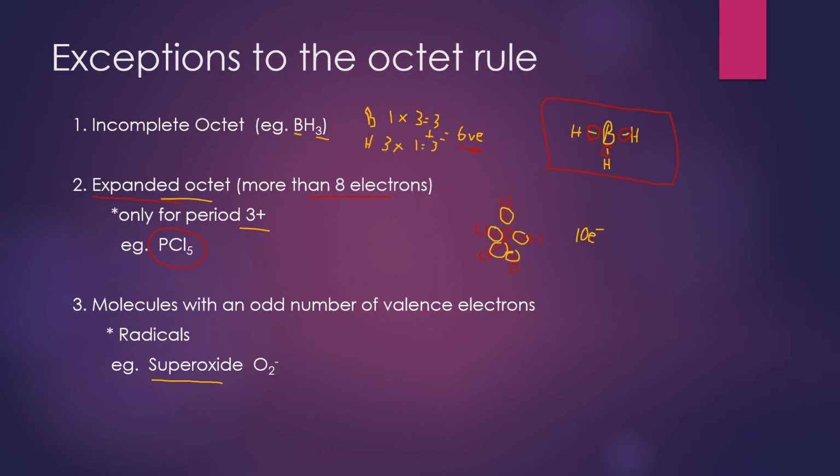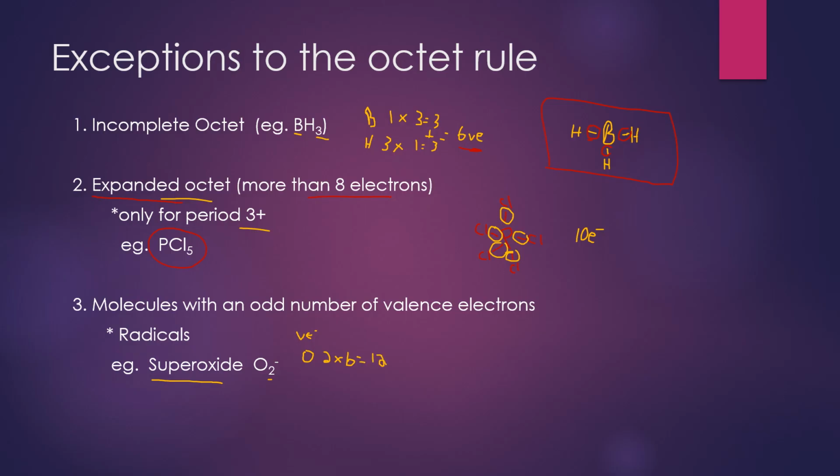Let's work through this and see how it would look. We have 2 oxygen atoms. Let's start with our valence electron count. We have oxygen, 2 of them. Since they're in group 16, they have 6 valence electrons to contribute. That gives us a total of 12.